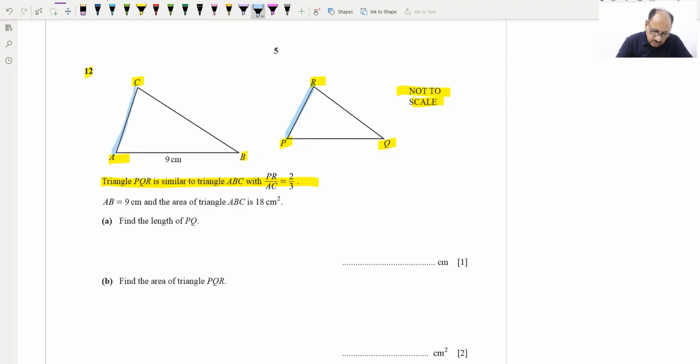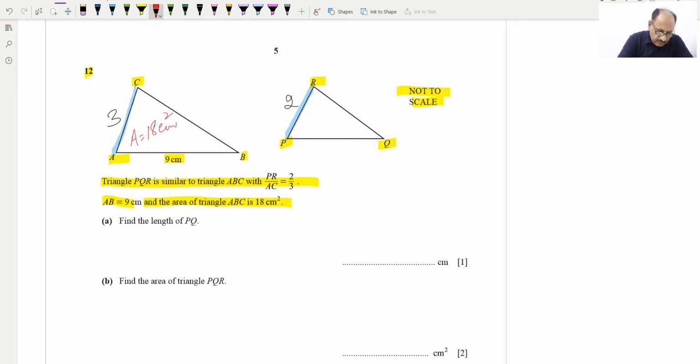So these two ratios are 2 by 3, so we can say this is 2 and this is 3. And in the next statement, they're saying AB is equal to 9. This is 9. And the area of triangle ABC is 18 centimeter square.